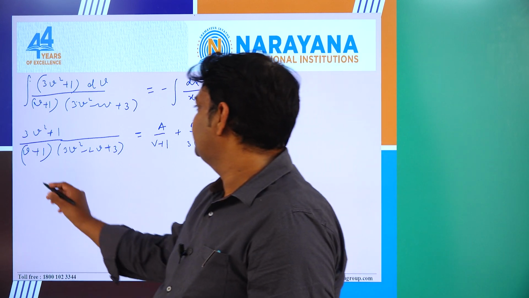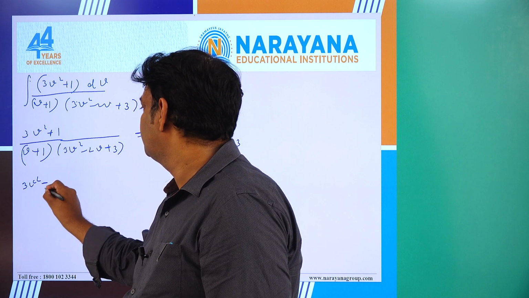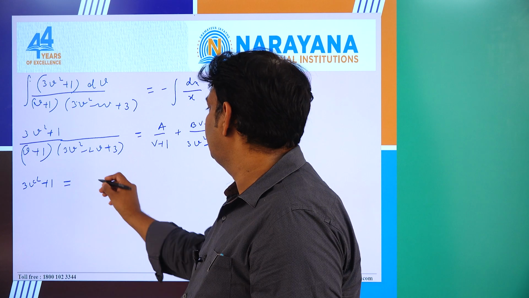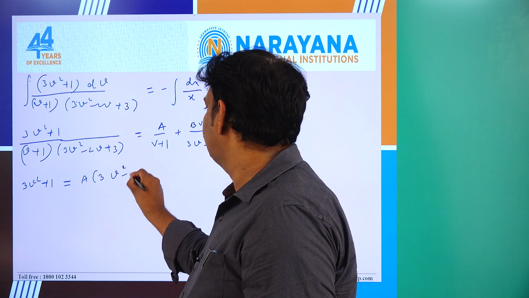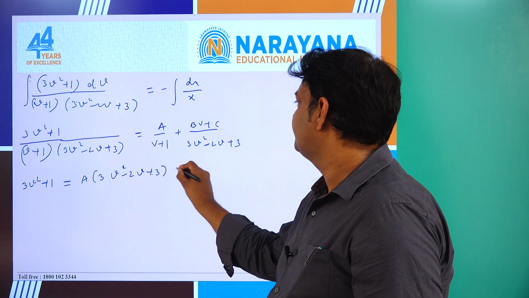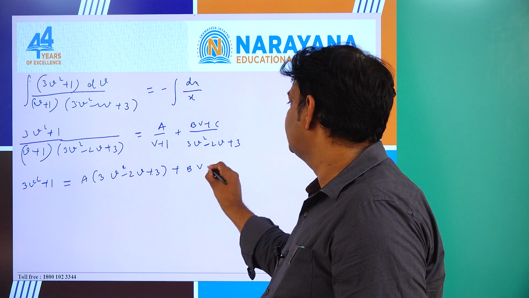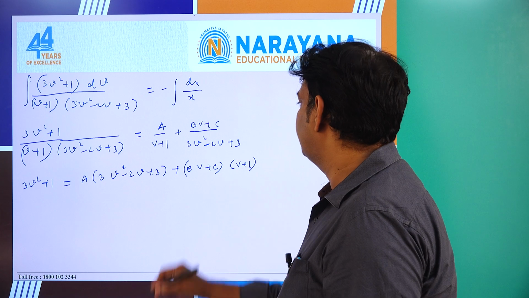So compare the coefficients. What will you get? 3v square plus 1 is equal to a times of (3v square minus 2v plus 3) plus (bv plus c) times of (v plus 1).